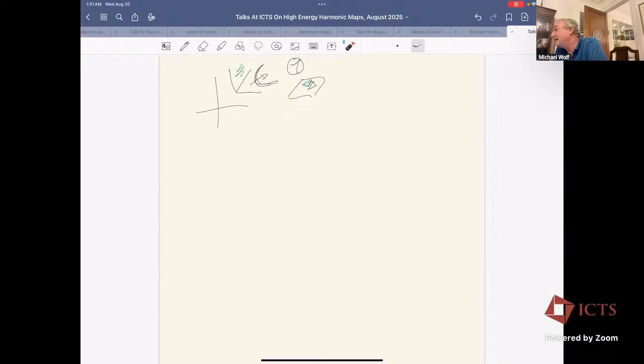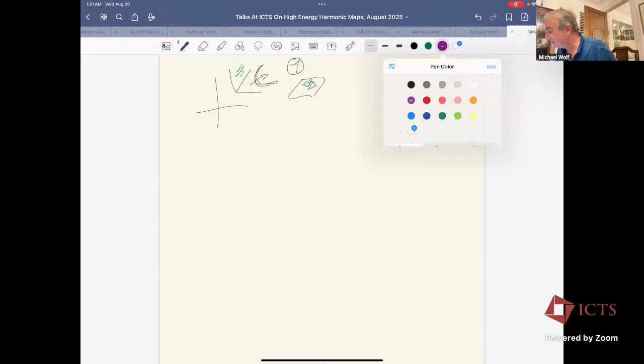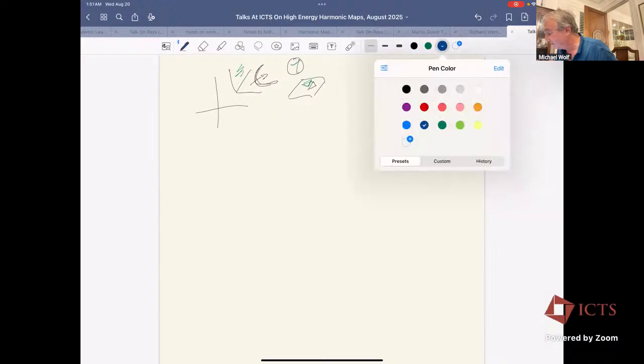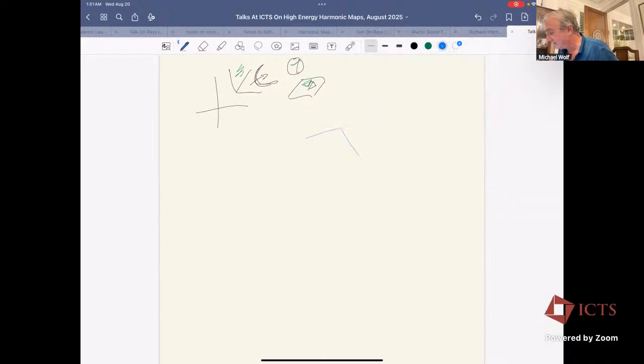There's lots of flats, of course. And really what's going on in some sense is when you move from one to the other, I didn't get this far into it, but let me try. I had a polygon, and I think the polygon was black.